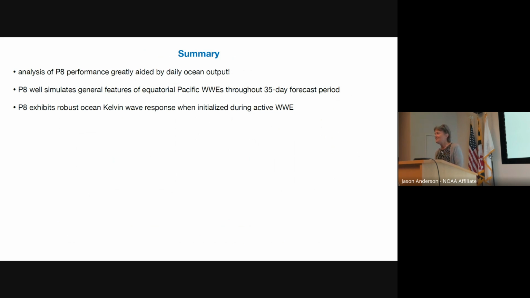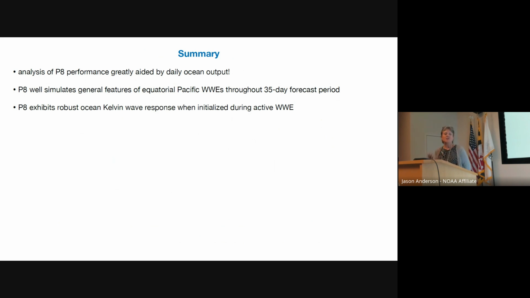It's almost impossible to do this analysis in more than a handful of CMIP6 models because daily ocean output beyond SST is generally not available. The P8 is great because we can get vertically resolved daily output and numerous two-dimensional fields that help us understand the model behavior. So it's a very attractive dataset for exploring some of these questions.